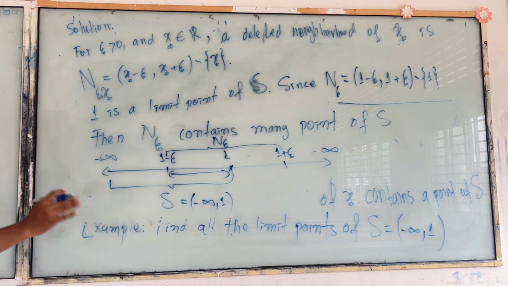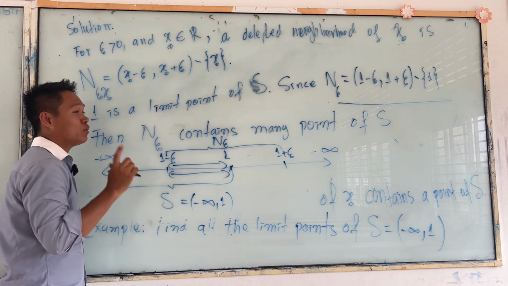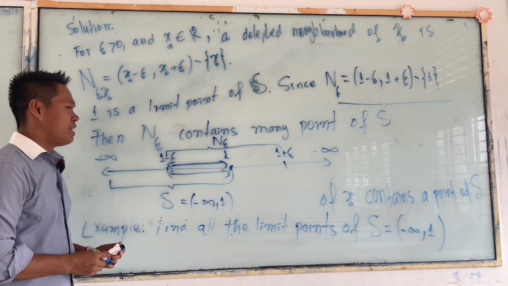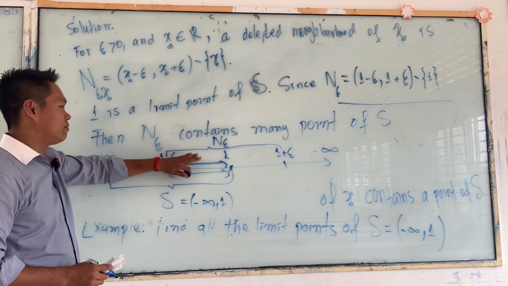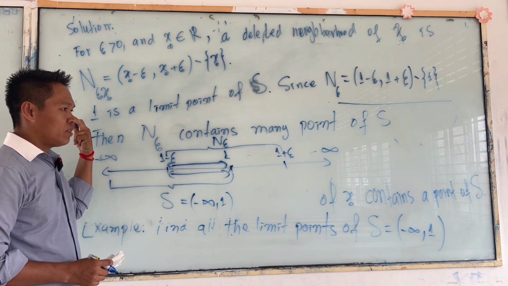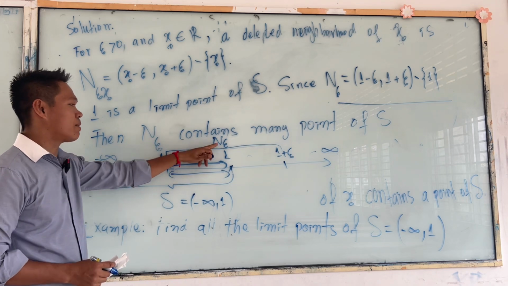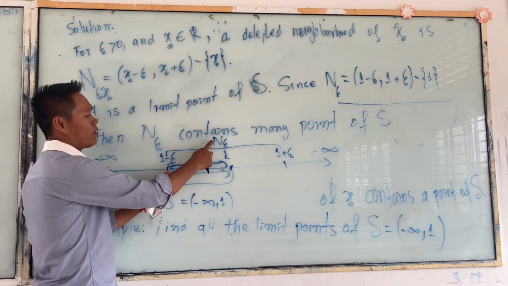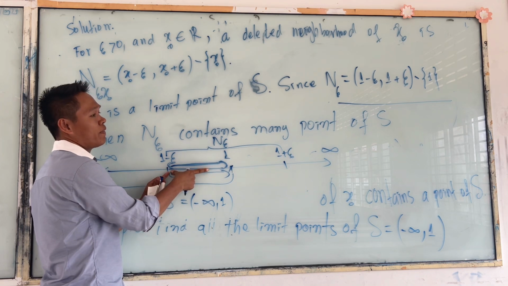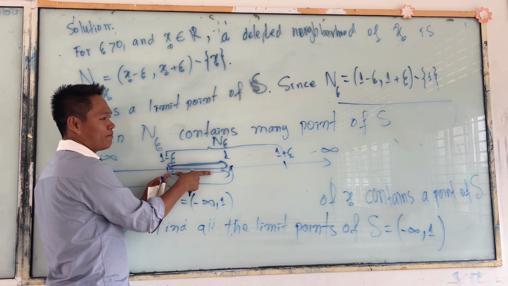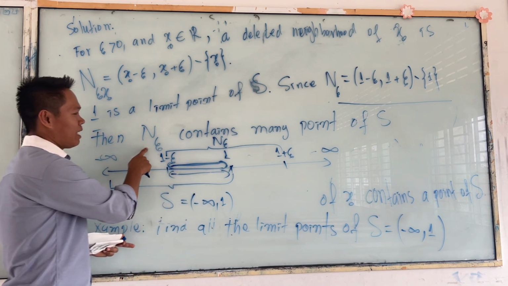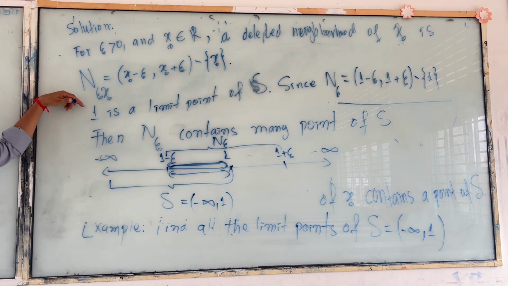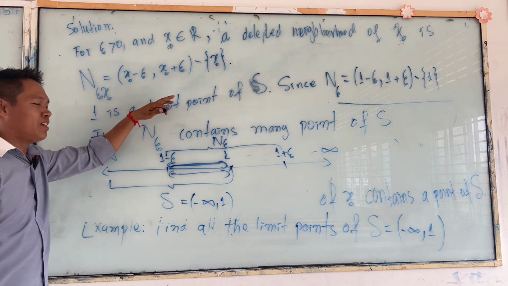This is the intersection of S and N epsilon, and the intersection is not empty. So N epsilon contains many points of S. That's why I concluded that 1 is a limit point of S.